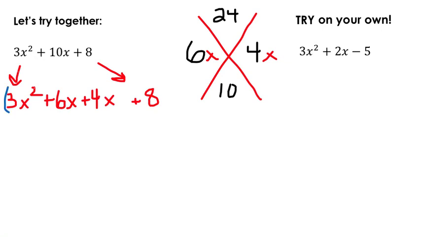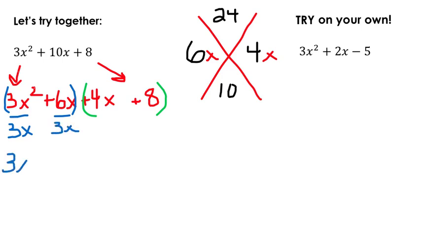Now we're on to factoring by grouping. So I'm going to group my first two terms, and then I'm also going to group my second two terms. The GCF for my first two terms, between 3x squared and 6x, you should see that you could pull out a 3x from both terms. So divided by 3x there, divided by 3x there.